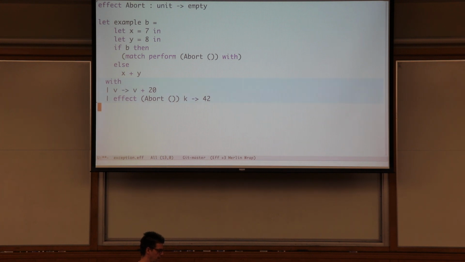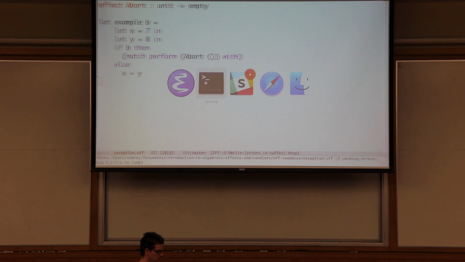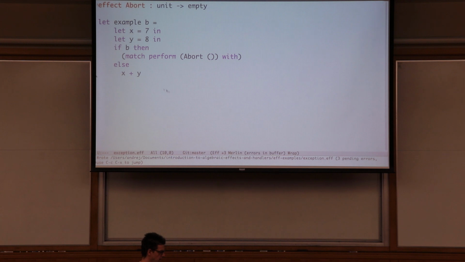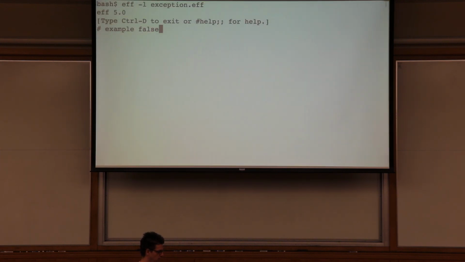If I get rid of the handler, I will load it in, and now I can run it. If I give it false, nothing should happen, right? So I give it false, and then it just computes.